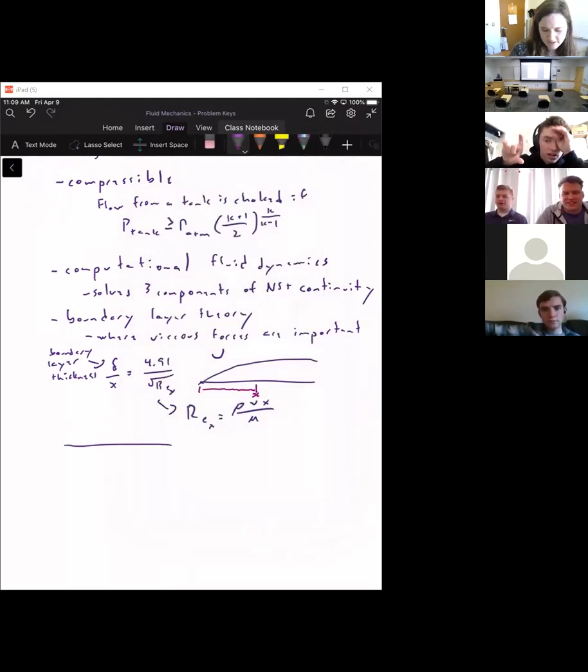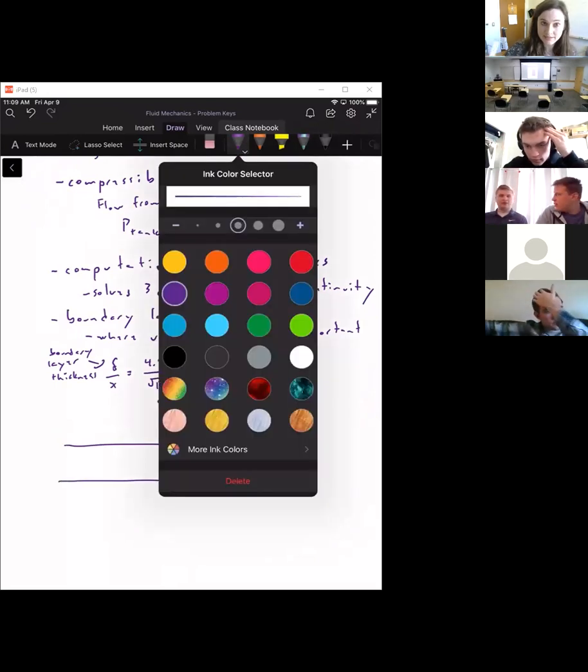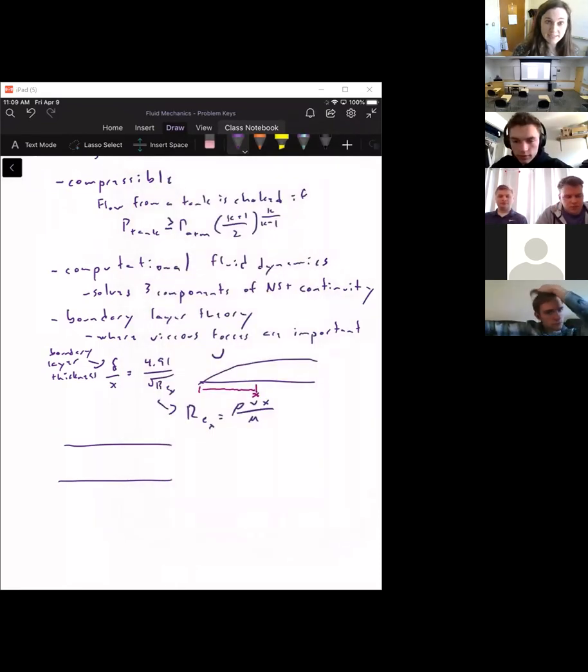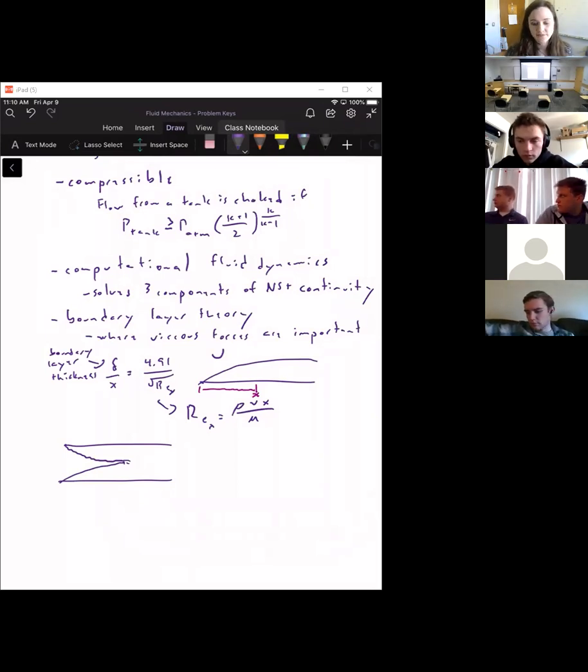Well, essentially we were just estimating the entrance length of a pipe, how long it takes the flow to get fully developed by treating it as two flat plates, and the boundary layer would look like this, because it's like one of these boundary layers on top and one at bottom. And when they meet and merge together, what that means is that viscous forces are important through the whole pipe. Okay, cool. That's what that means conceptually.